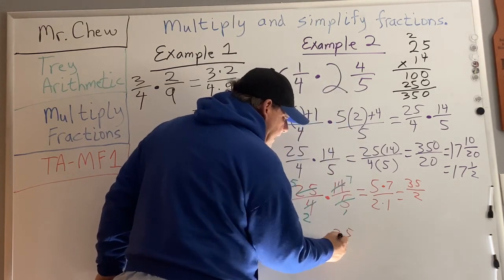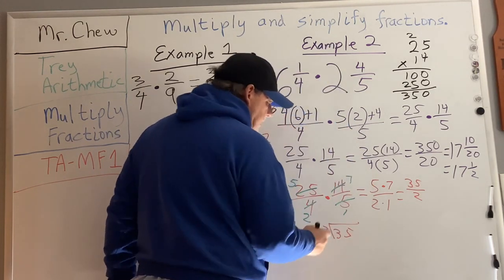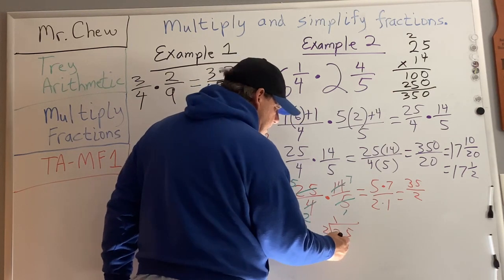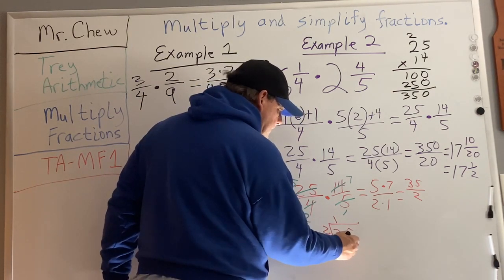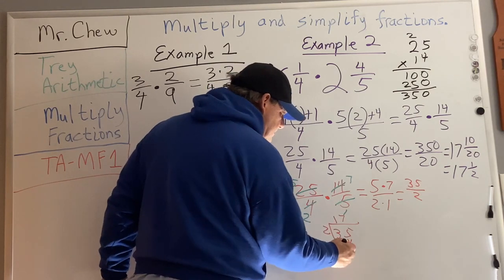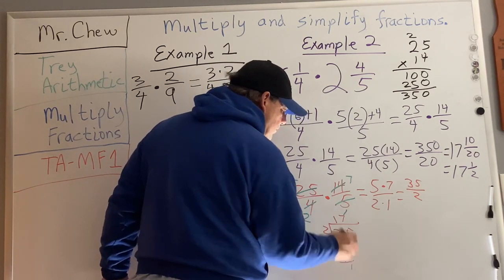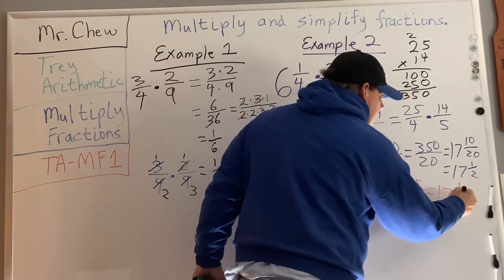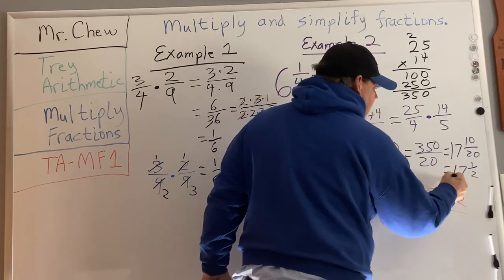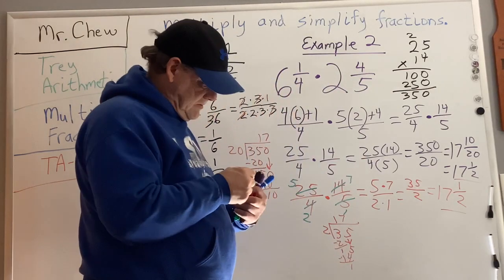So 35 divided by 2 ends up being 17, remainder 1, which is 17 and 1/2. Same answer, 17 and 1/2.